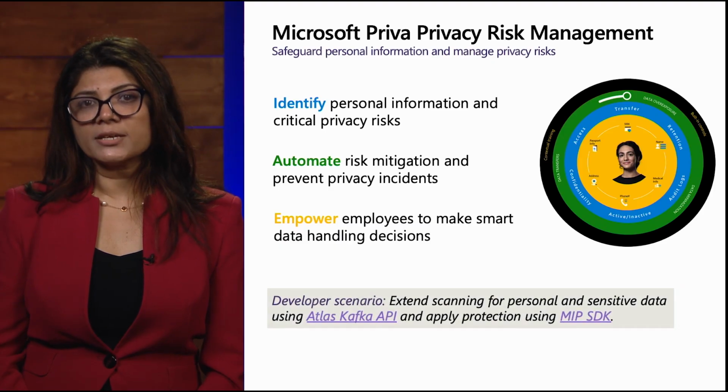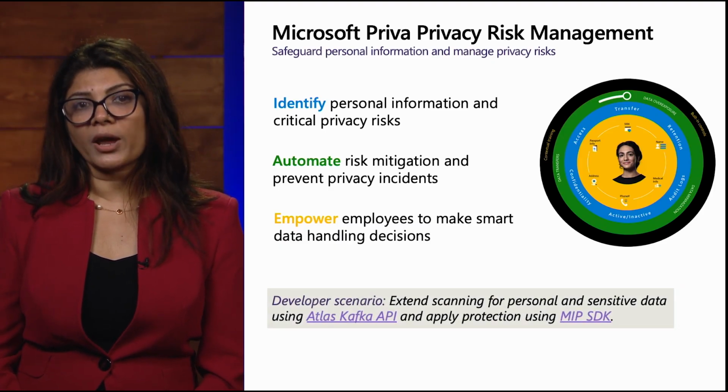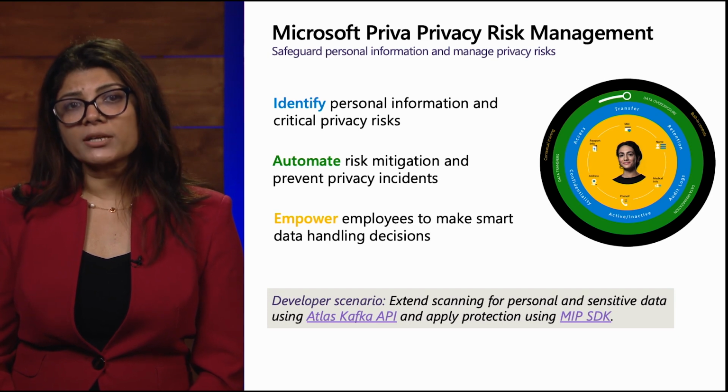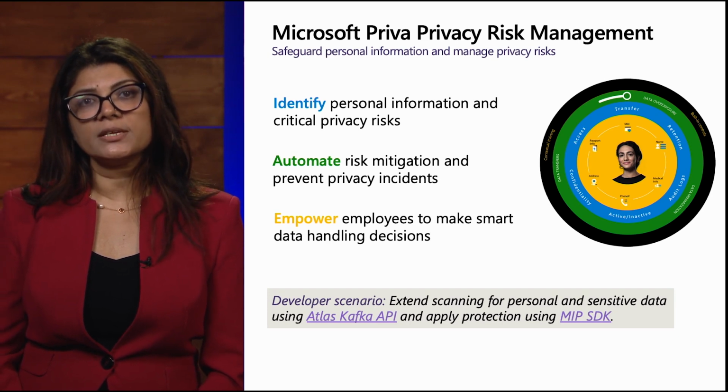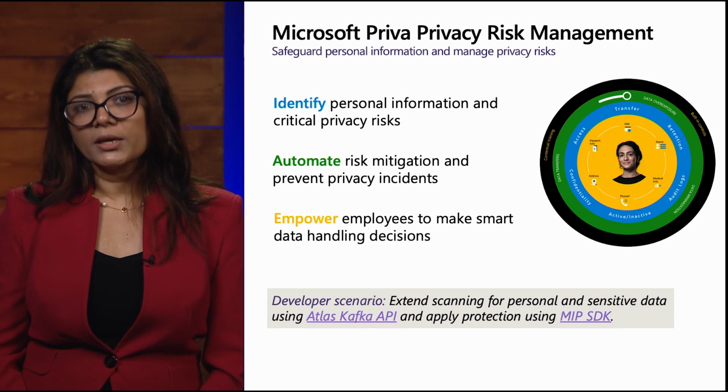Microsoft Priva helps you streamline privacy management by storing, processing, and disposing of personal information in compliance with local and global regulations. Priva assesses your organization's privacy posture and proactively finds and resolves privacy risks like data hoarding, data transfers, and data oversharing.